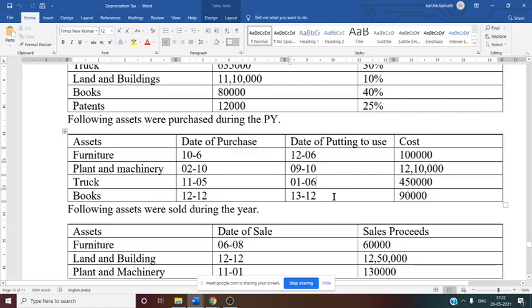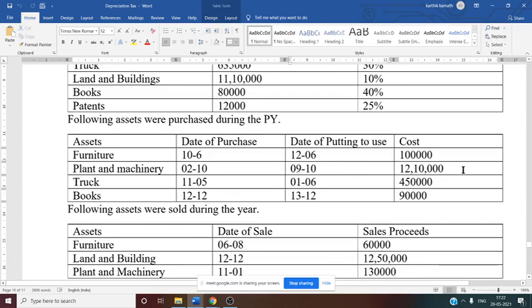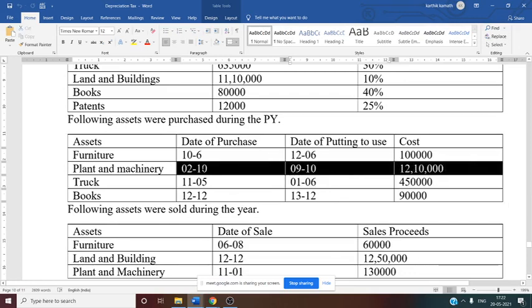We are only bothered about the date of putting an asset into use, so we need to see this third column. You can approximately get 175 days, so it is less than 180 days. So for plant and machinery, we need to charge 50% depreciation. That means half of the depreciation you need to charge for this purchase of plant and machinery.